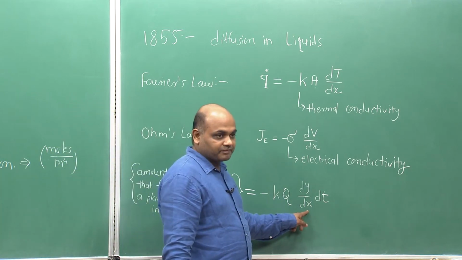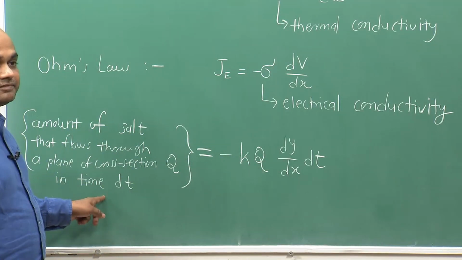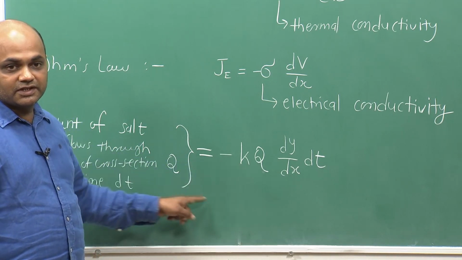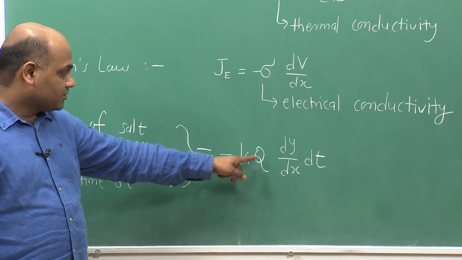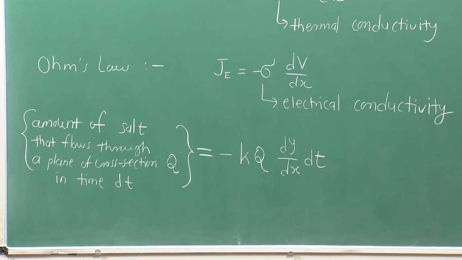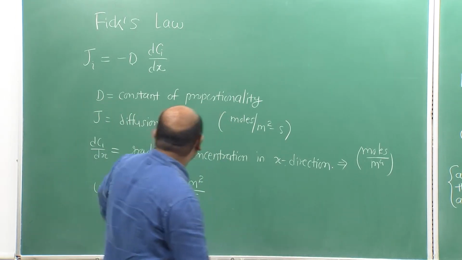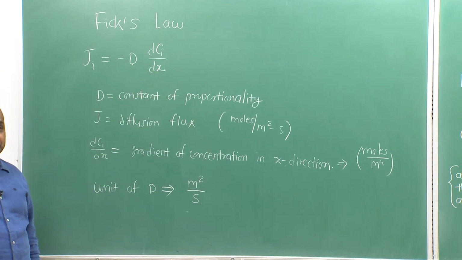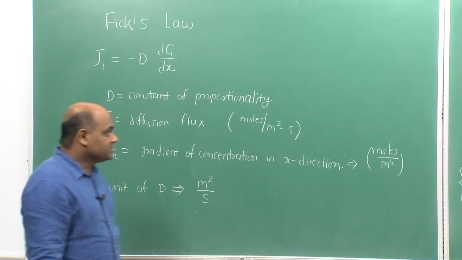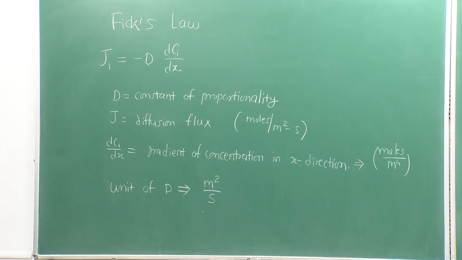If you take q and dt this side, and denote k by D, this equation takes the form which is popularly written today as Fick's law, J equal to minus D dC by dx. Obviously, now we denote concentration more generally with C.